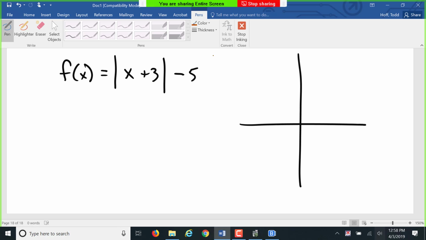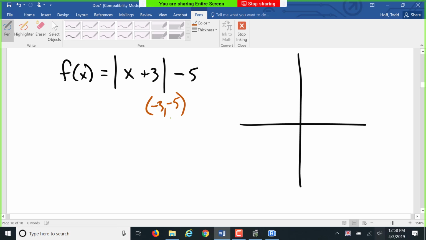So where's our vertex at? Negative 3, careful. Negative 3, negative 5. Since it's on this side, now that is the opposite. It's the same as that one for the y. So the vertex is right there, negative 3, negative 5. Of course, it has a slope of 1 on each side.